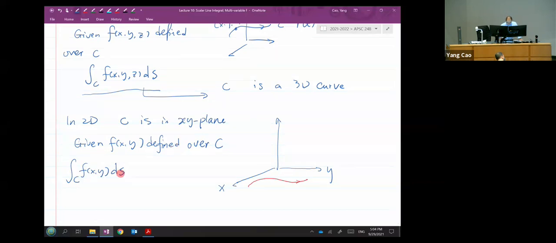So far, everything is just dropping one variable, and you can still consider this f as a density function. Then you get the total mass of this thin wire C.